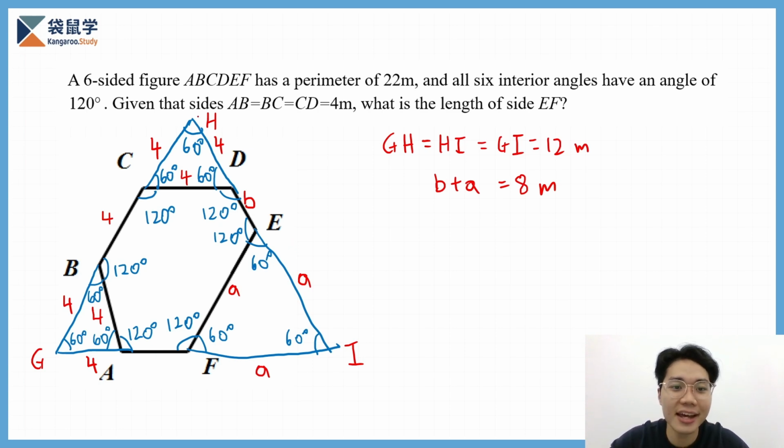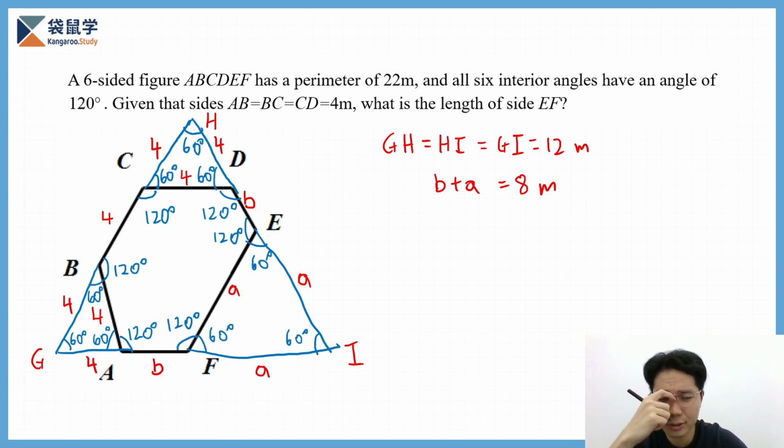Actually, since it's an equilateral triangle with the same sides, GI is also 12 meters, and it also consists of a 4 and an 8, so I can say that AF is also B, right? AF is also the same length, B.